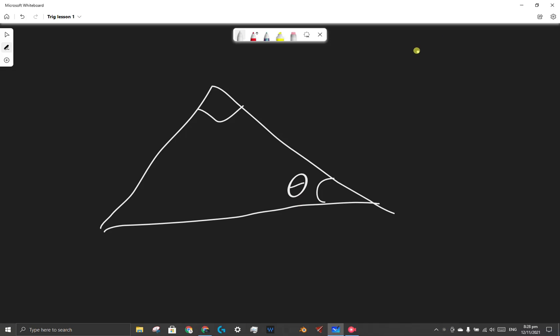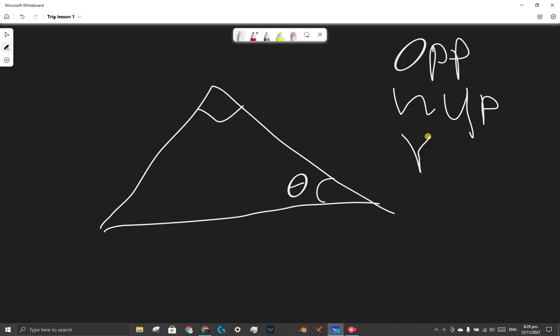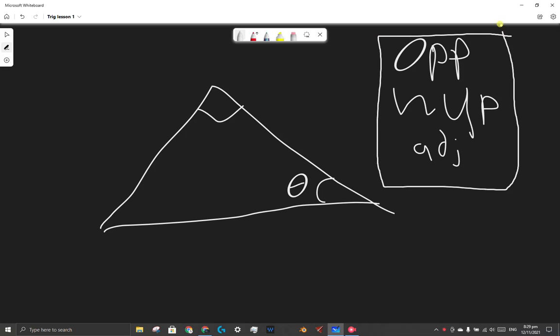I'll put up the names for the last time, and in the next problem I won't put them up. Feel free to pause the video and correctly label the sides of this right angle triangle using these names here.